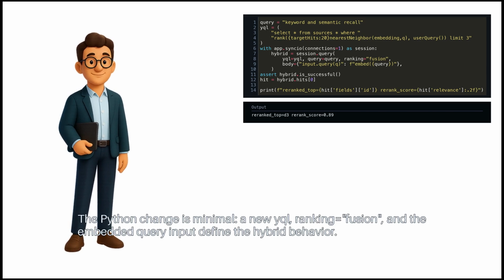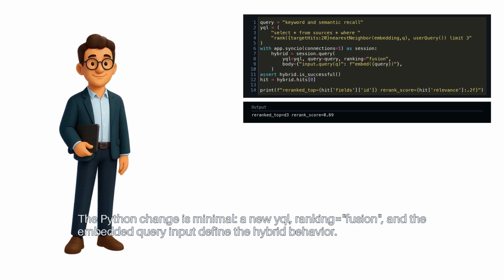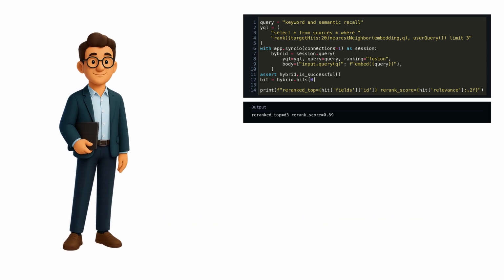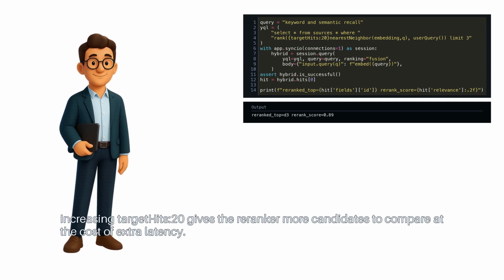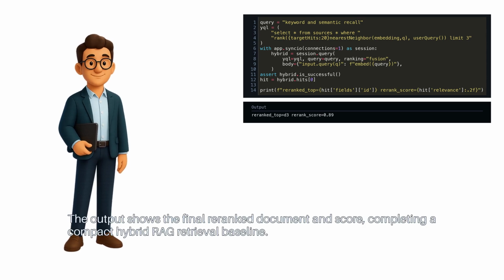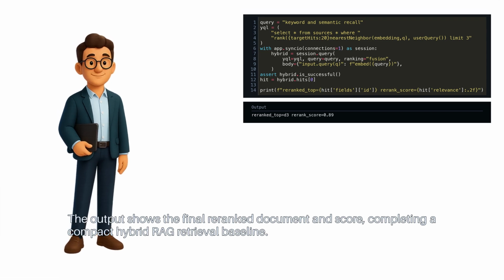The Python change is minimal. A new YQL, ranking equals fusion, and the embedded query input define the hybrid behavior. Increasing target hits 20 gives the re-ranker more candidates to compare at the cost of extra latency. The output shows the final re-ranked document and score, completing a compact hybrid RAG retrieval baseline.